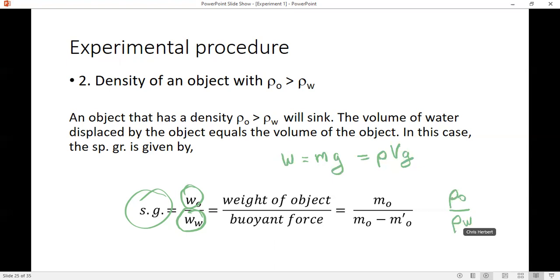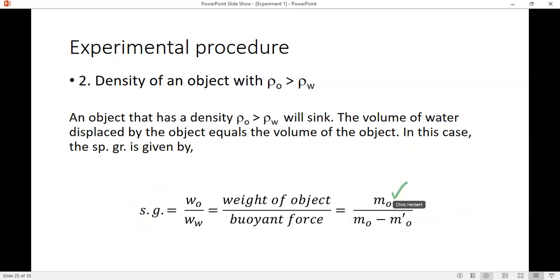So in calculating this, we can take the mass of the object and divide it by the mass of the object minus the effective mass of the object, which of course we showed was the buoyant force. Really, the weight of the object divided by the buoyant force would have a g in the numerator and denominator, but those of course cancel out.